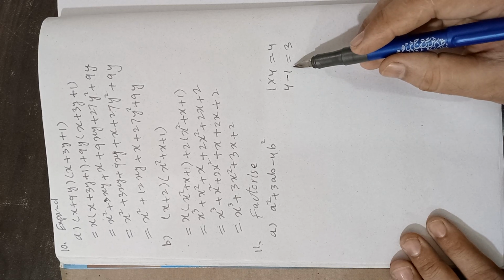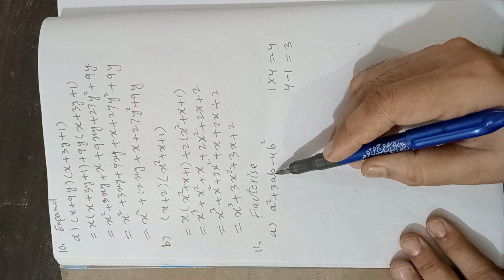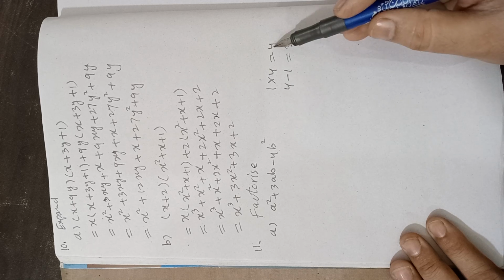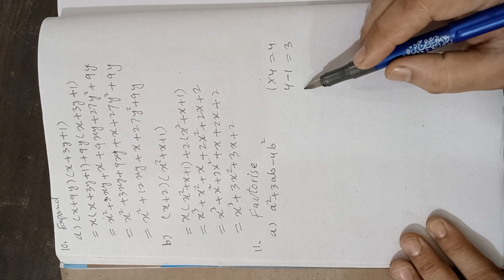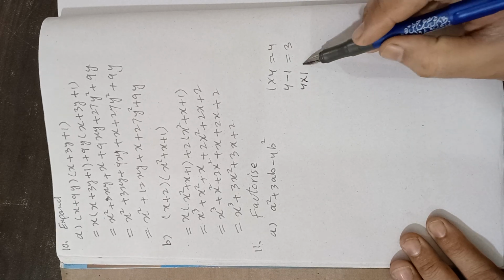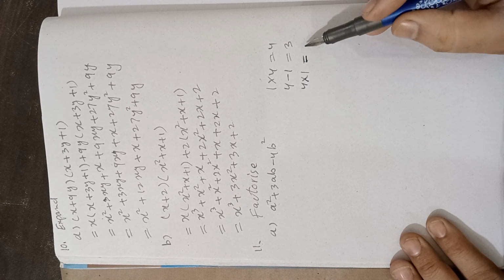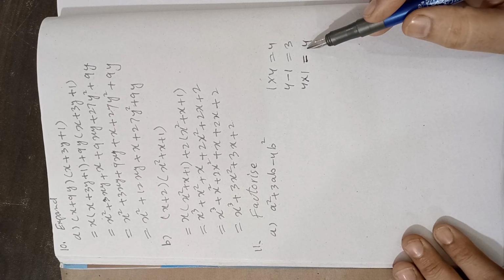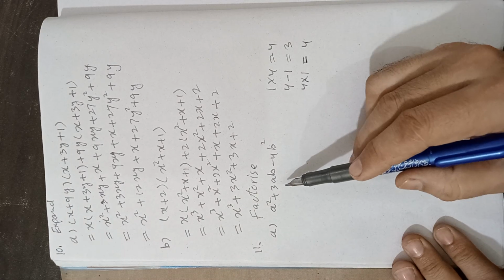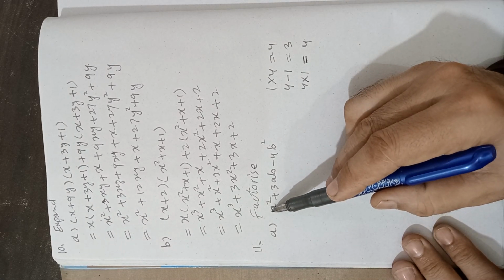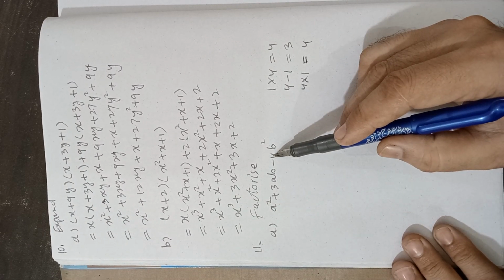When we are subtracting these, the answer is 3ab, and when we are multiplying these two numbers, the answer is 4. This is our condition, that you should multiply this coefficient to this one.